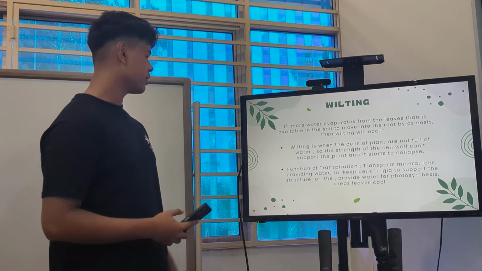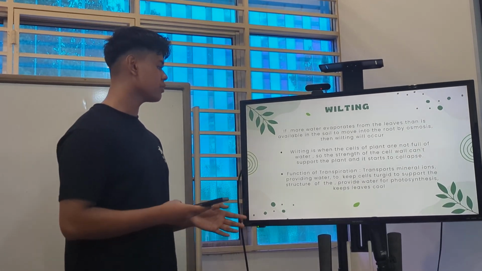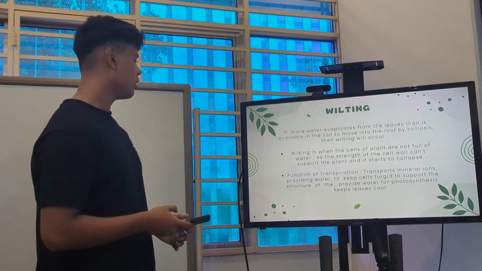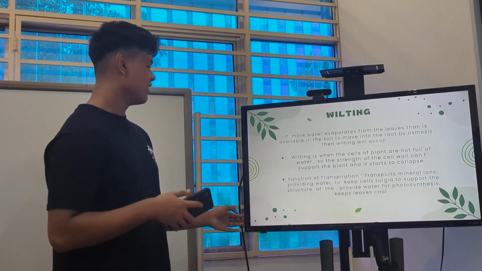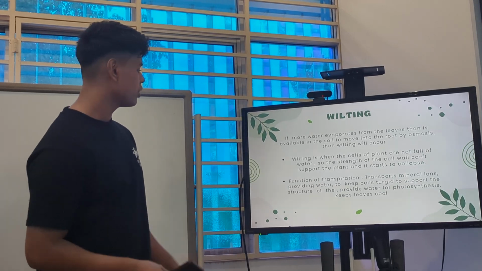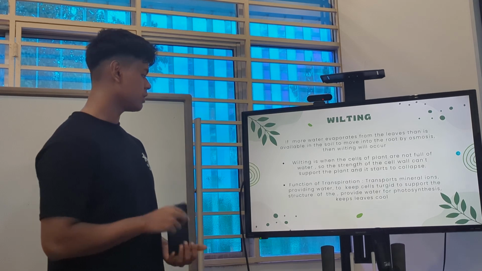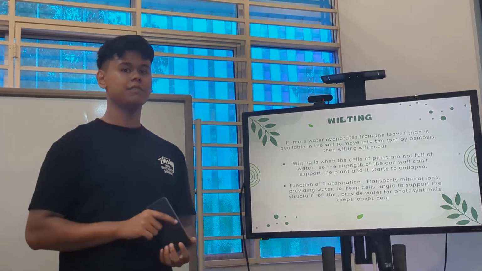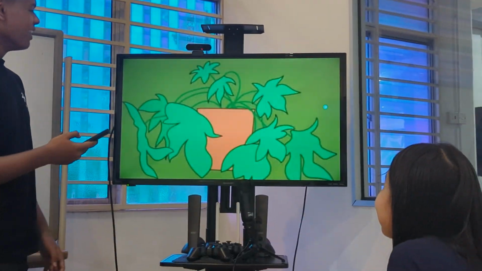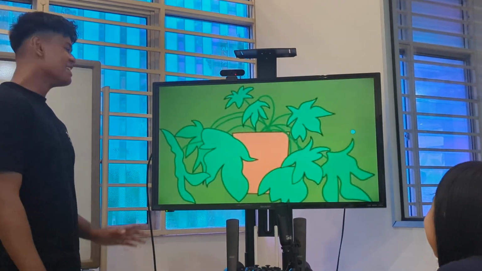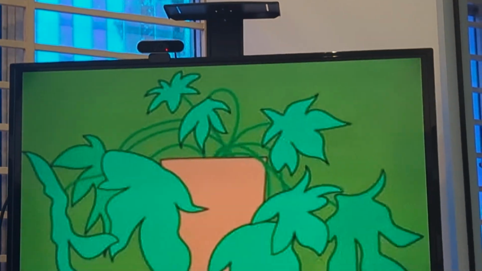The function of transpiration: it transports mineral ions, it keeps cells turgid to support the structure of the plant, it provides water for photosynthesis, and it also helps to keep the leaves cool. Thanks. I'm sorry that's blurry, but this is what wilting looks like. So basically, when you don't water your plant enough, this is what will happen.